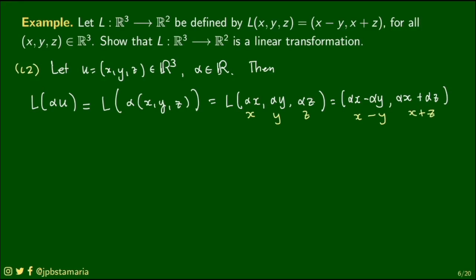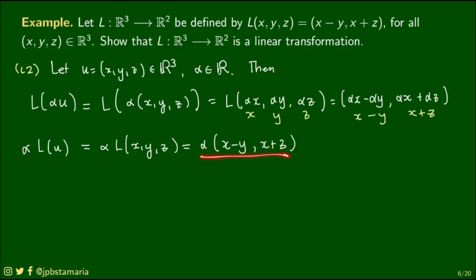On the other hand, when you look at alpha times L of u, this is going to be alpha times L of (x, y, z). By the definition of L, this is going to be the ordered pair (x minus y, x plus z). Now, this multiplication is now happening in R2.